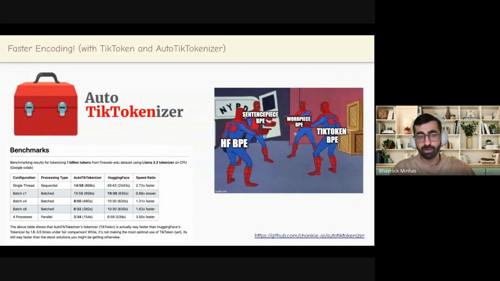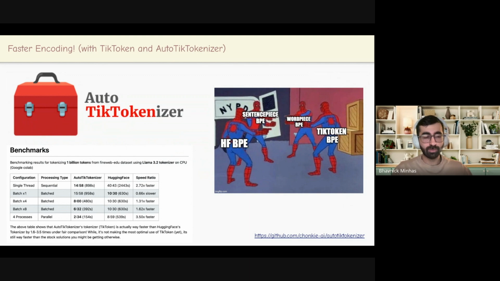And that's what led to AutoTick Tokenizer, which is essentially the idea that a lot of these tokenizers that are out there, BPE, word piece, sentence piece, are very similar. Not exactly the same, but very similar.